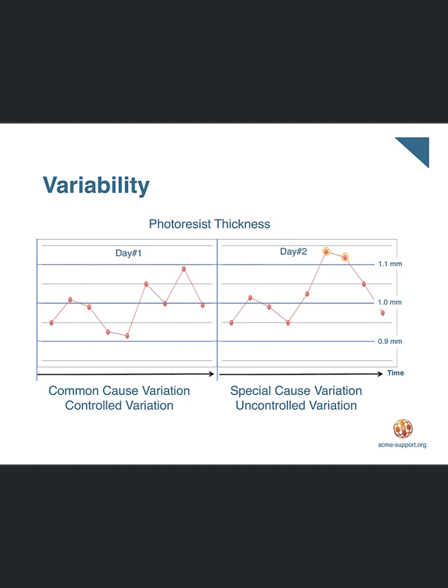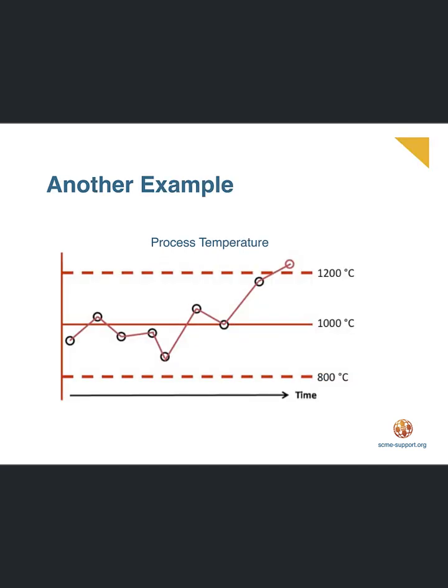Let's look at another example. Take a look at the control chart shown here that is tracking process temperature. As you can see, there is a sudden increase in temperature, and the last data point is outside the upper line, or what is called the upper control limit, of 1,200 degrees Celsius.